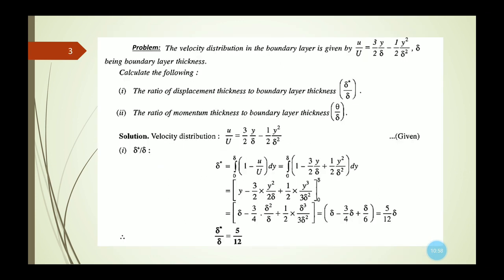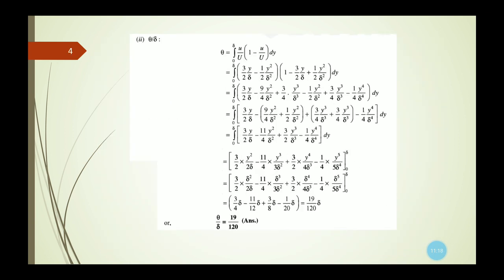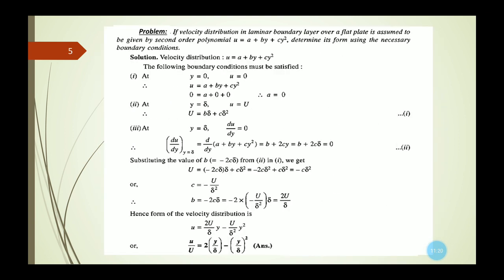So that is the velocity profile number 2 that we have got in this table, and the boundary conditions are also satisfied here, that is at y equals 0, small u equals 0, and at y equals delta, small u equals capital U, and del u del y equals 0. So this is the procedure to solve such type of numerical, where we need to find the exact equation of the velocity profile.